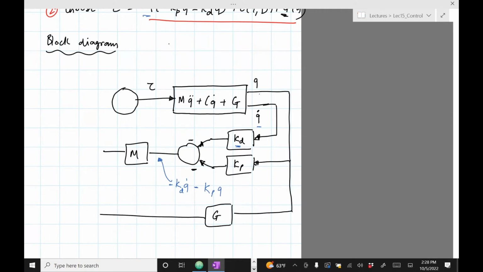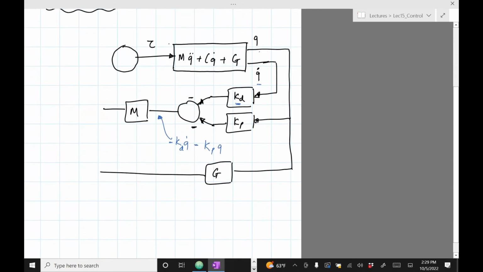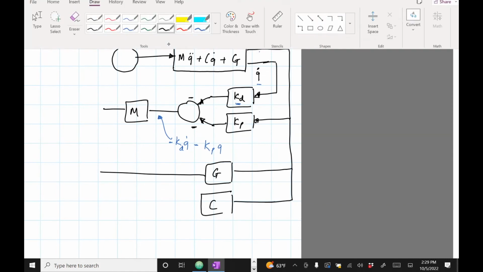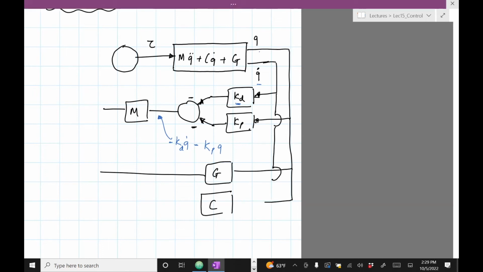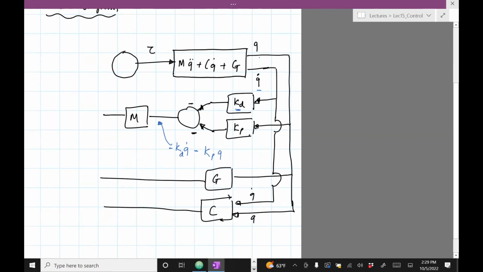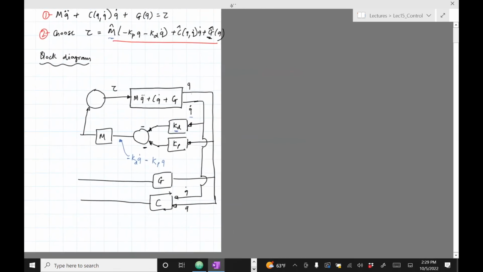Then I need Q and Q dot for C. So Q dot and Q. And then this block will feed into the torque.